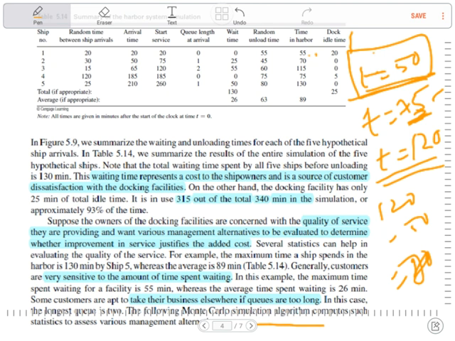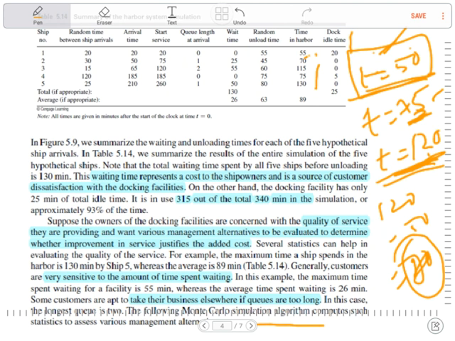So total of 75 plus 45, 120, and if I subtract this 50, you get 70 minutes, and that is the net time which ship 2 spends in the harbor. Time in harbor is 70. Similarly for ship 3, ship 4 and ship 5, these are the calculations which are coming.